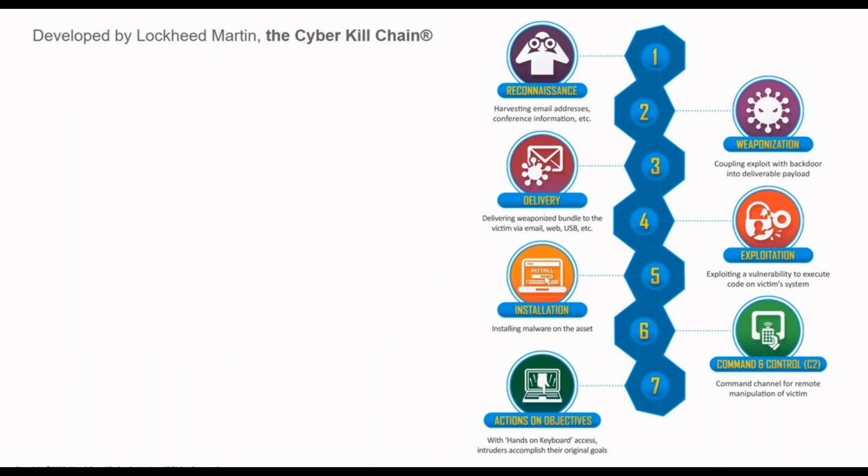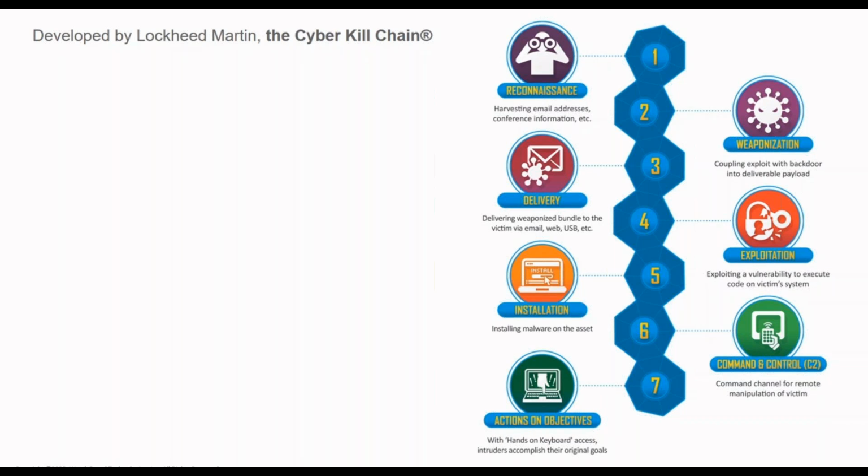The Cyberkill chain is a term and an illustration that was created and developed by Lockheed Martin. Mainly it shows the different steps that the attacker would take. Sometimes it's in this specific order, sometimes it is skipping some of the steps or doing the same step twice.